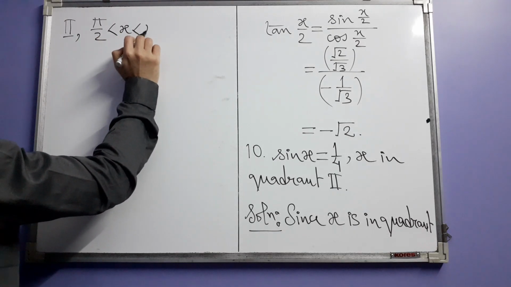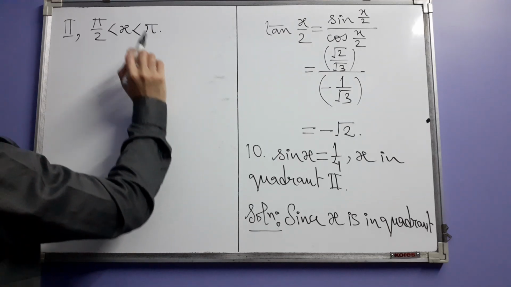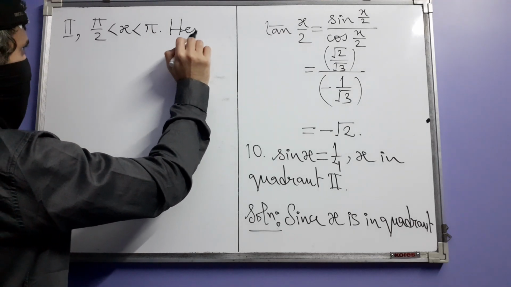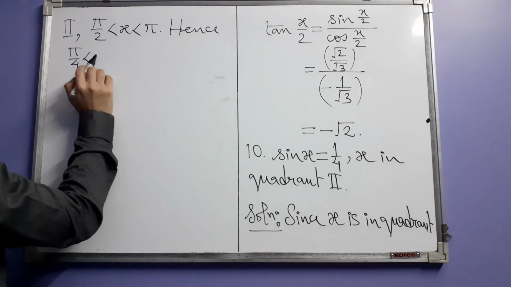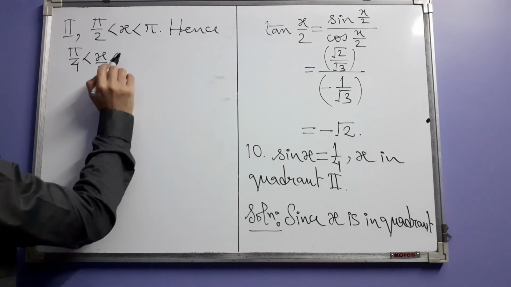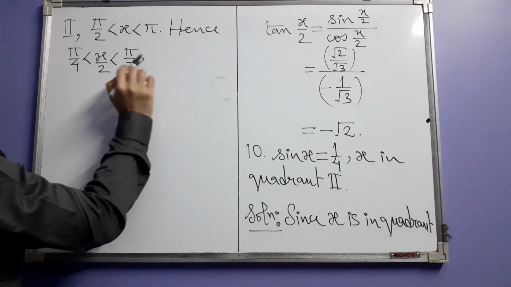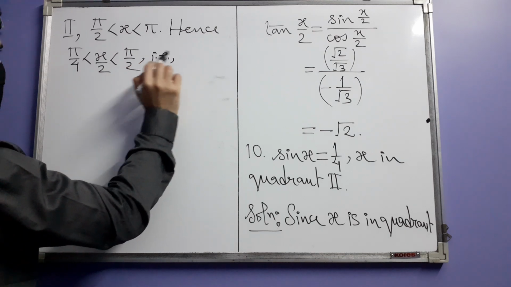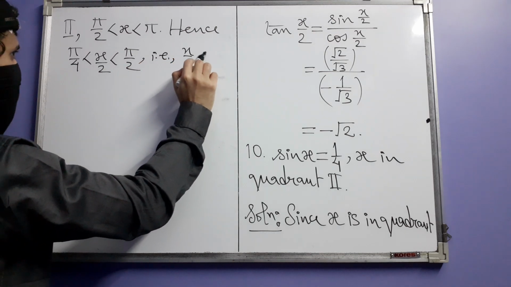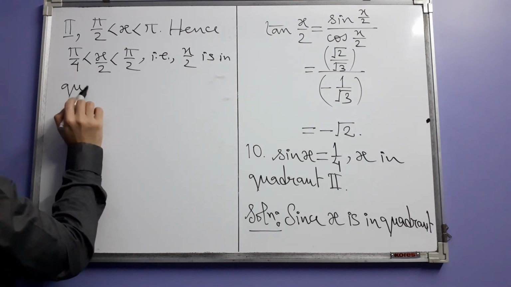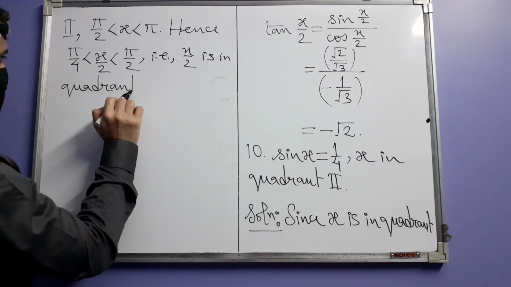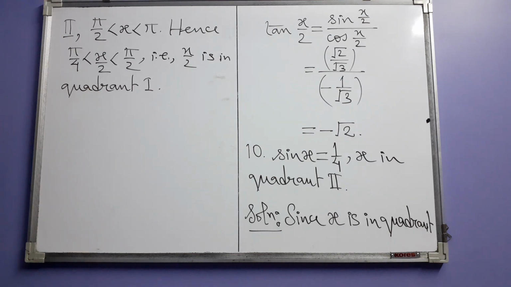These are the inequalities x satisfies. Hence, that is, x over 2 is in quadrant 1. So everything is positive.